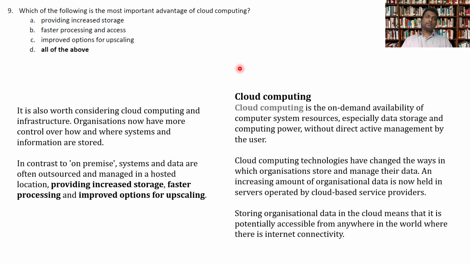So if we look at question number 9 now, let's see what it is. Which of the following is the most important advantage of cloud computing? So this question is all about cloud computing. Now if you look at the description given in the textbook, cloud computing is on-demand availability of computer system resources, especially data storage and computing power, without direct active management by the user.